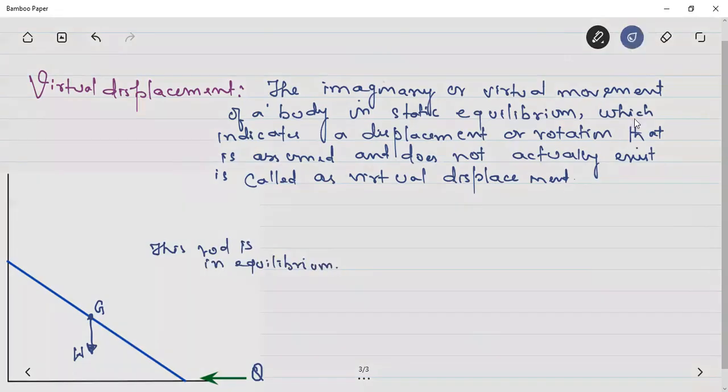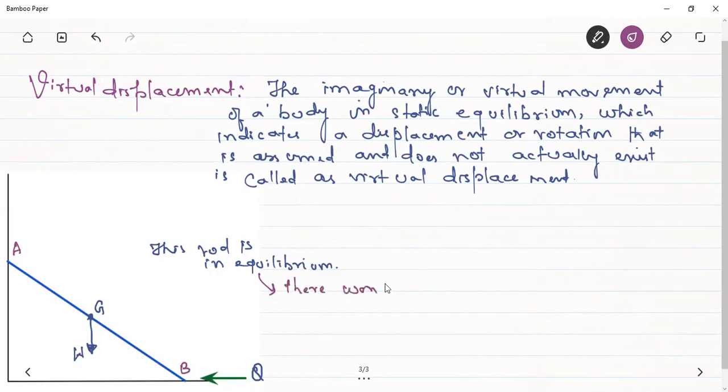Since this rod is in equilibrium, therefore there won't be any displacements. Let me take this end to be A and this end to be B. I am taking an example of a rigid body.